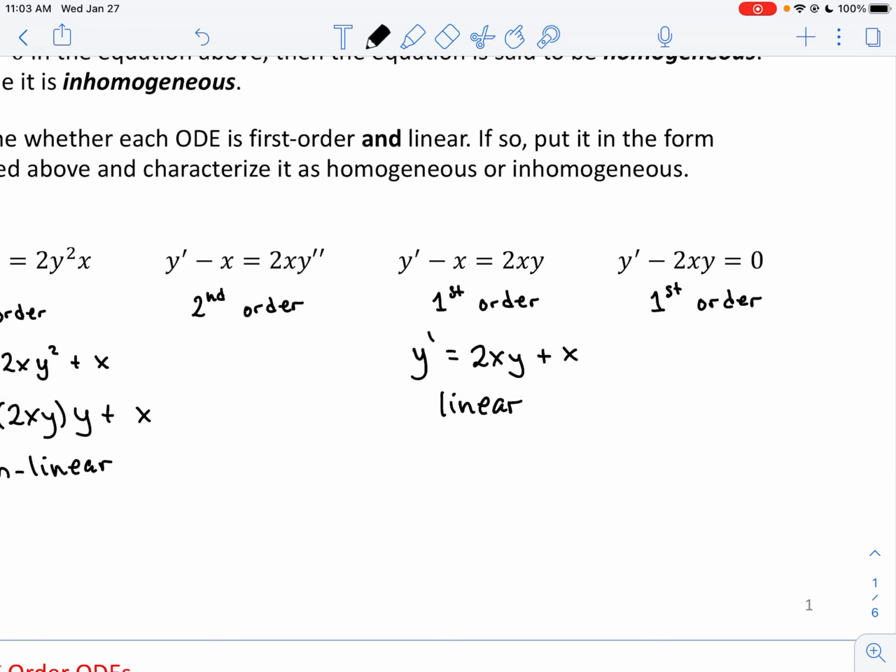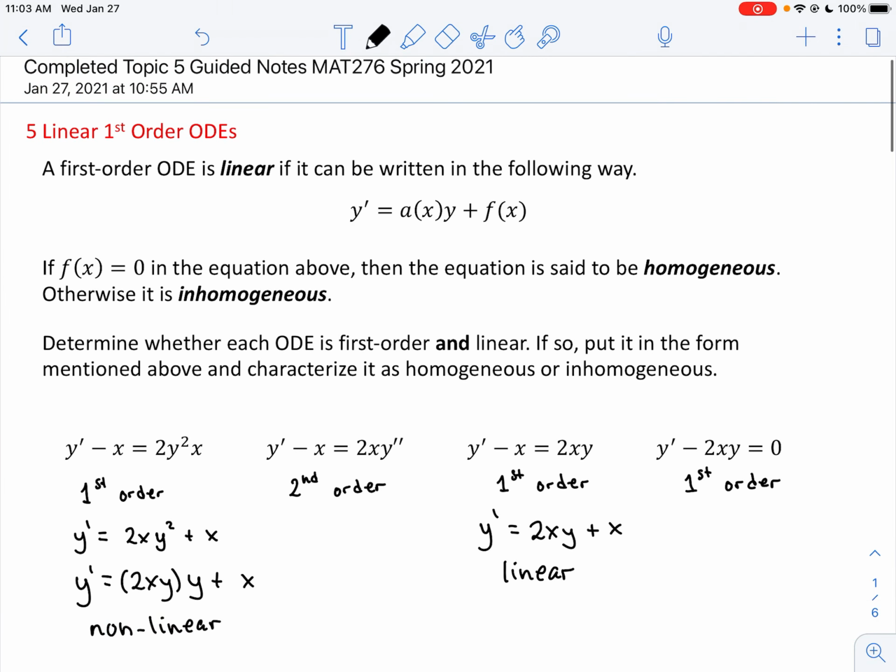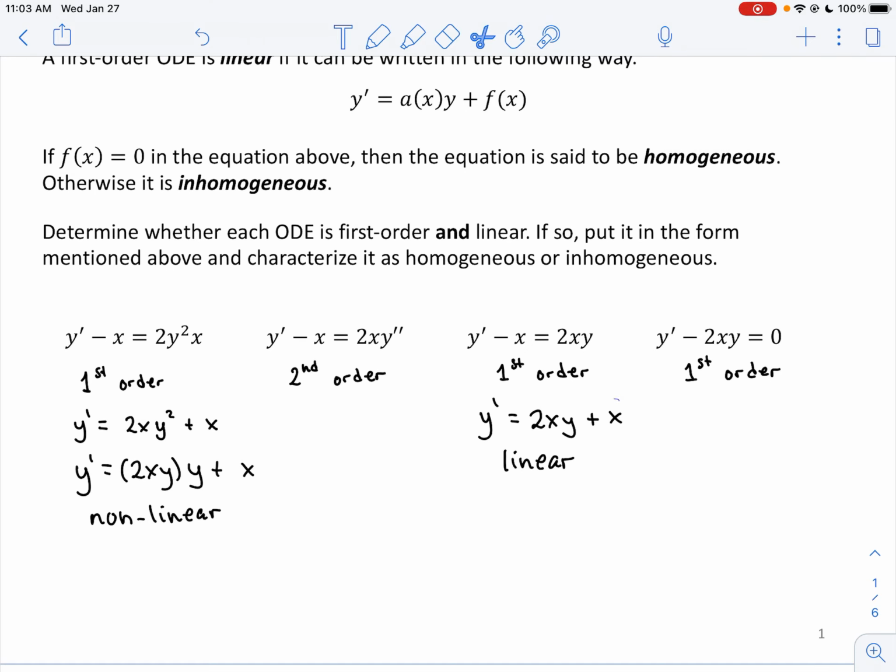It's already in the form that we have mentioned above. So now we need to characterize it as homogeneous or inhomogeneous. Well, f of x is present. It's a non-zero function. This is the f of x component. Because it's a non-zero function, we have an inhomogeneous differential equation.